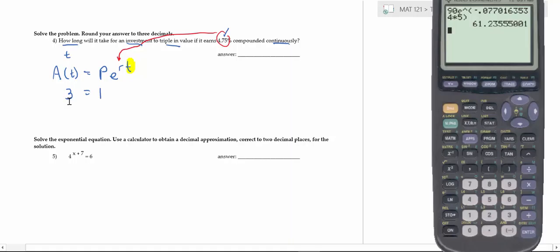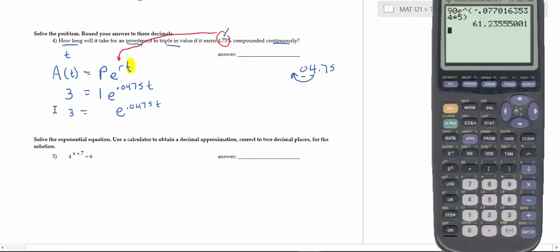So 1 times 3 is 3. So then you have this, we're going to put in 0.0475 times t. And again, be sure that when you're dealing with decimals and percentages that you move the decimal to the left too. So what you have is 3 is equal to e to the 0.0475t.